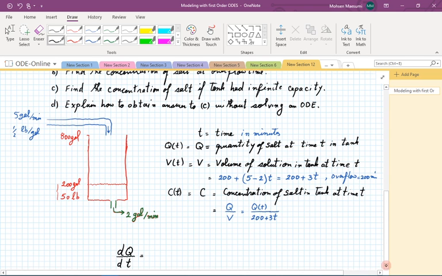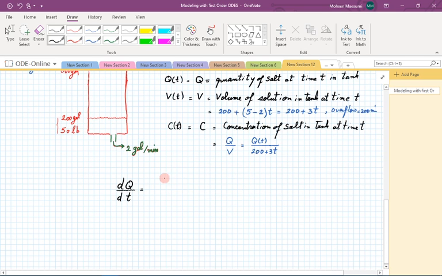So what we do here is figure out the rate at which we are pouring the salt in, that is going to be added, and then the rate at which we are taking it out. If we subtract these two, this has to be equal to dQ/dt. Essentially, it's a statement of conservation of the amount of salt. We are doing accounting for the amount of salt.